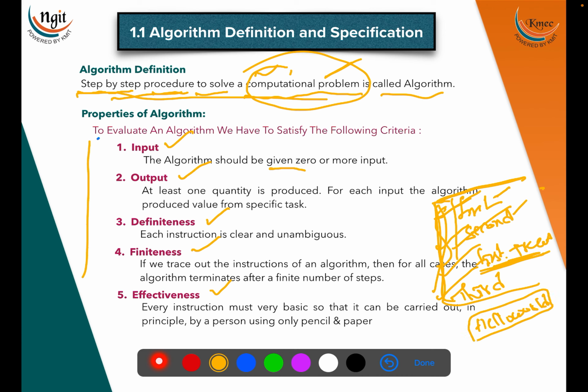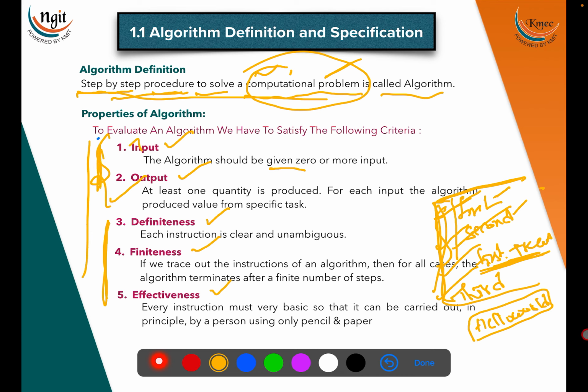Yes, it is quite possible to write an algorithm with 0 or more inputs. And every algorithm will give at least one output quantity. Input and output are very common: we know input will be given, and we know output we are going to get. These are the 2 common things.